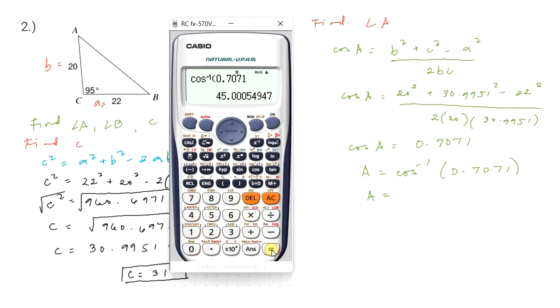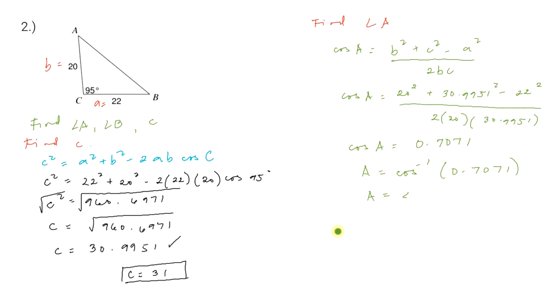That is equal to 45. Since it is an angle, according to the instruction, give your answer to the nearest degree. So that is equal to 45 degrees. Now you have the value of our angle A.